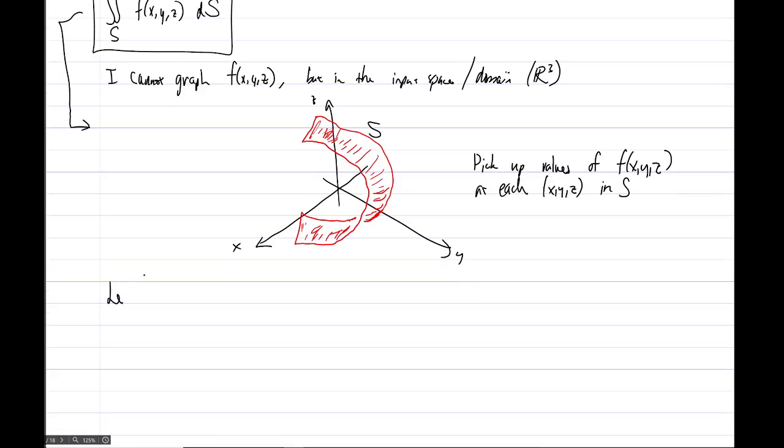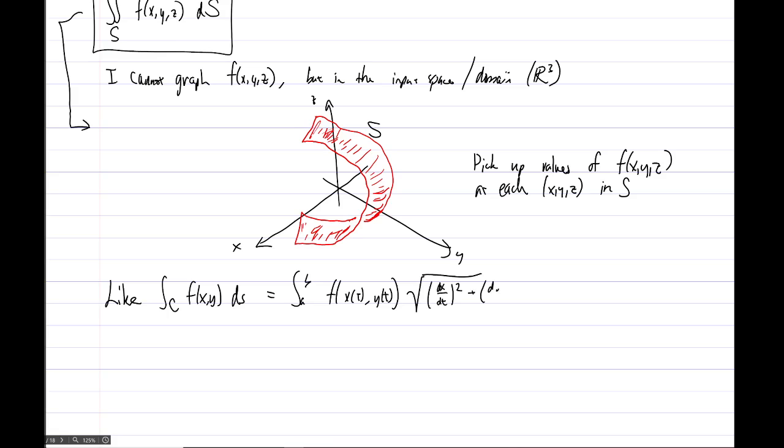Well, like the line integral over C of f of x comma y ds equaled the integral from a to b of f of x of t comma y of t times the root of dx over dt quantity squared plus dy dt quantity squared dt.